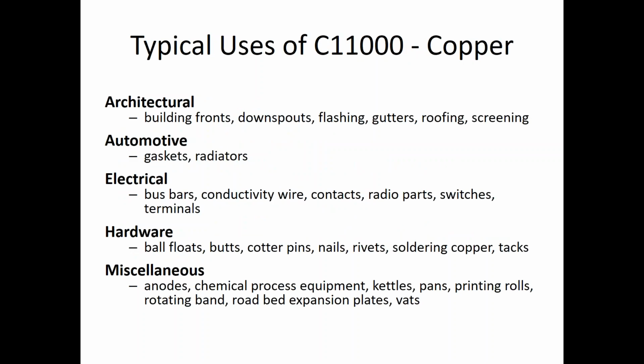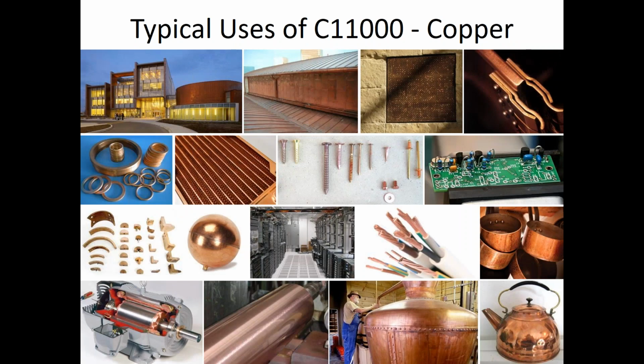Okay, you got all these different uses, a lot of electrical and electronic parts. In automotive, we used to list gaskets and radiators. Now it's mostly wiring and electronic parts. You have all kinds of different activities where these materials are used. Here's some examples.